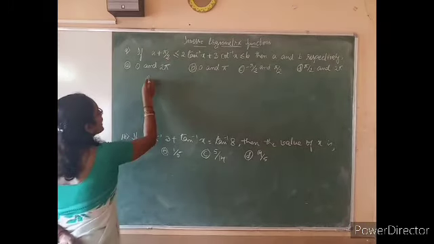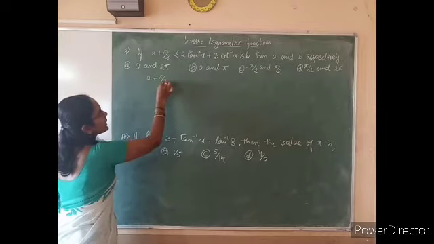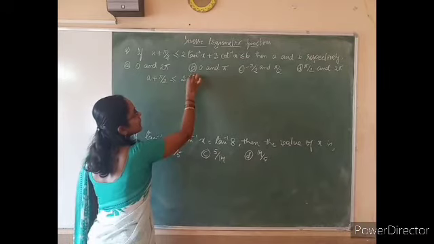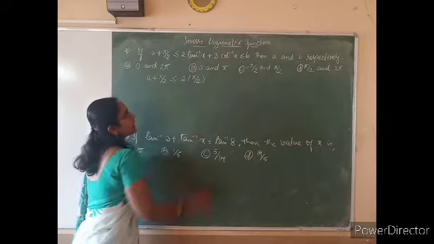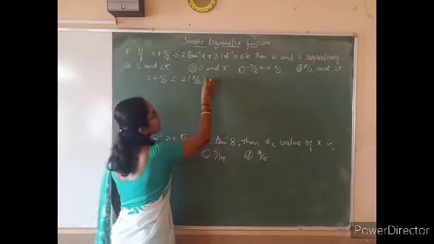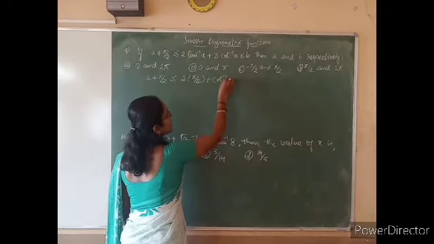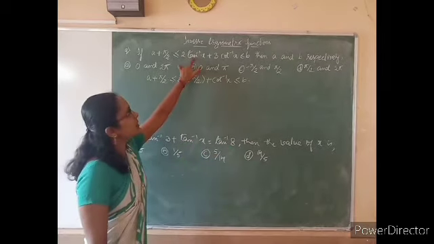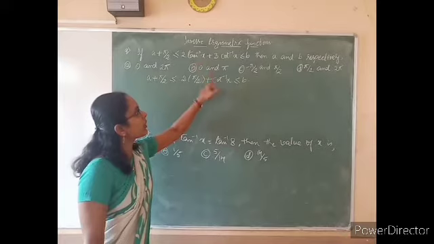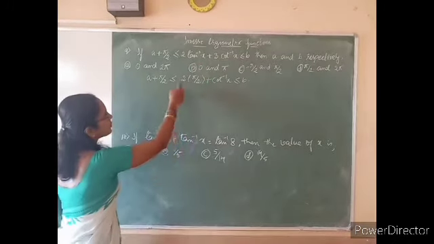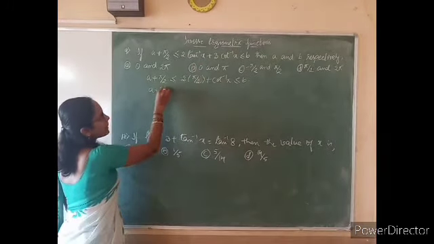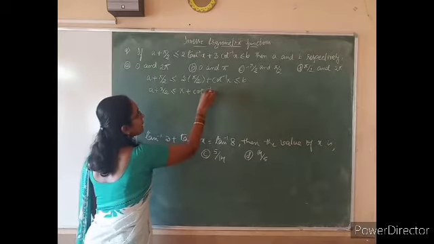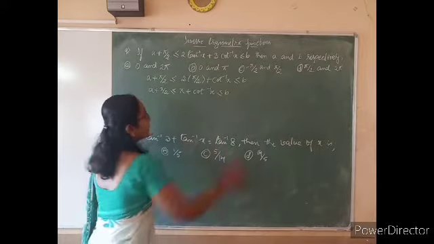So a plus pi by 2 is less than or equal to pi plus cot inverse of x, which is less than or equal to b here.